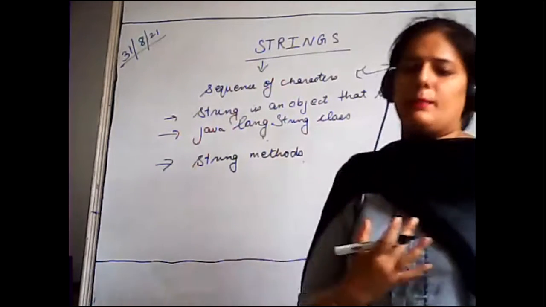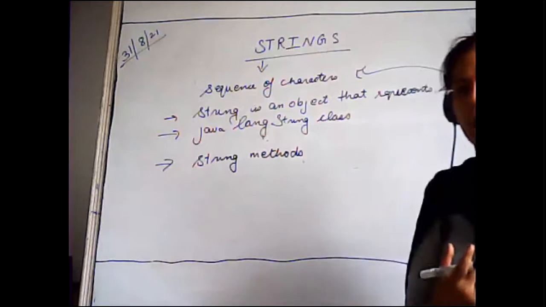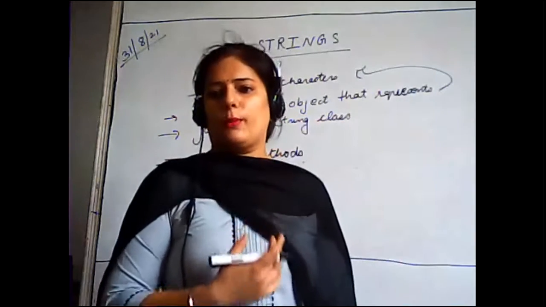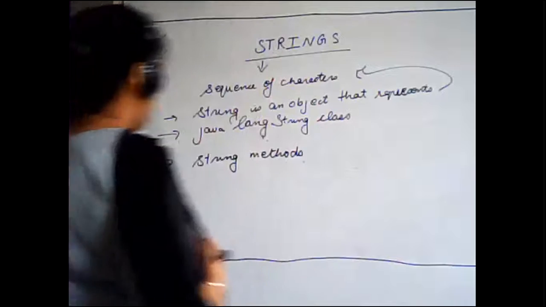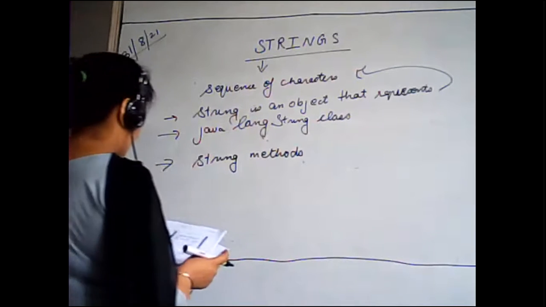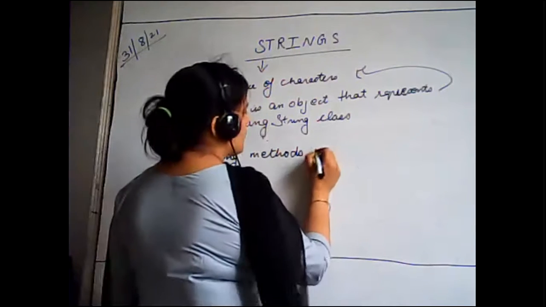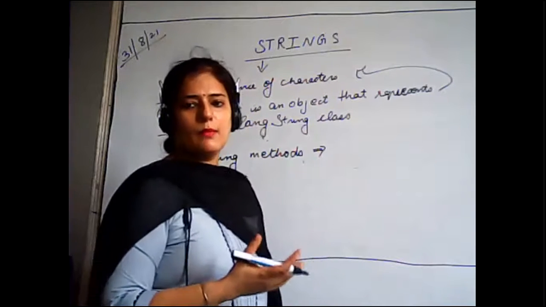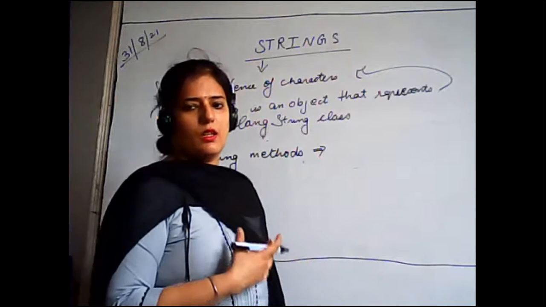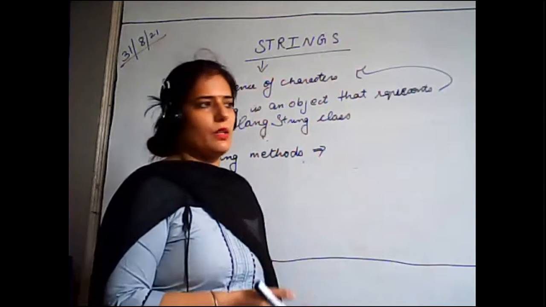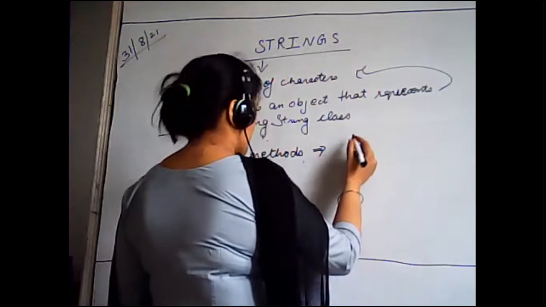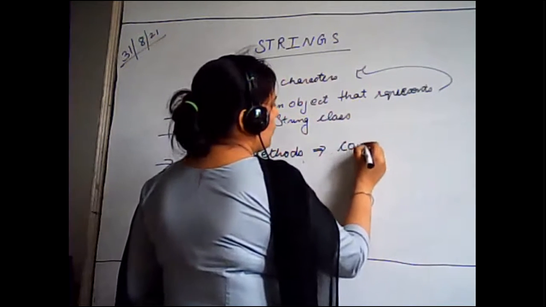So various inbuilt string methods are provided by the Java language so that we can perform any type of operation on strings. Some examples of the string methods are these, and later on we will be implementing some code on these different string methods. For now, we can just have an overview of all those methods.